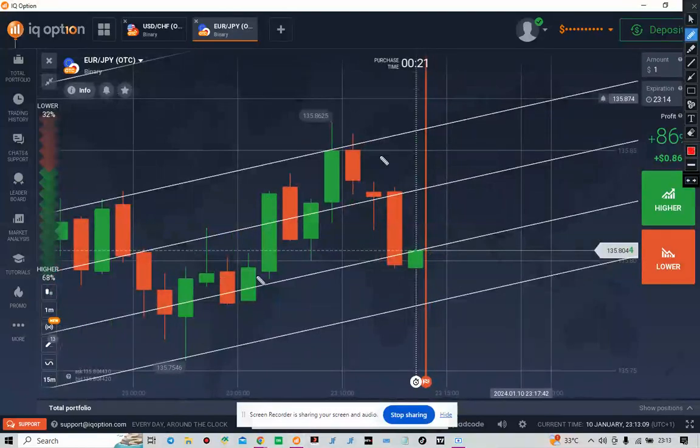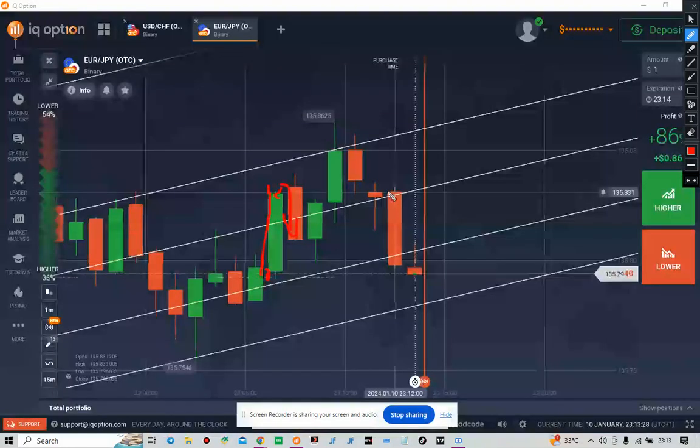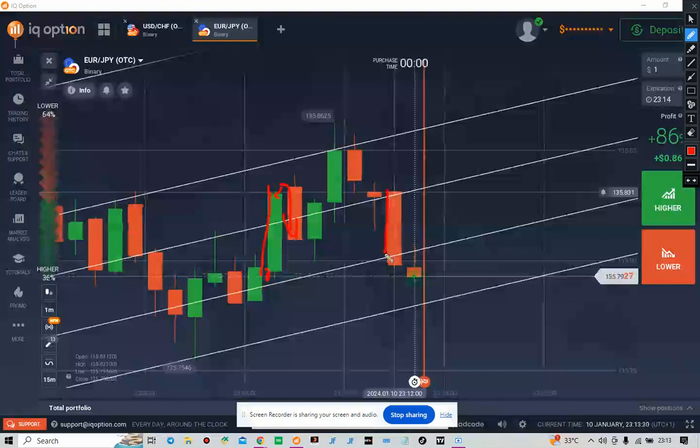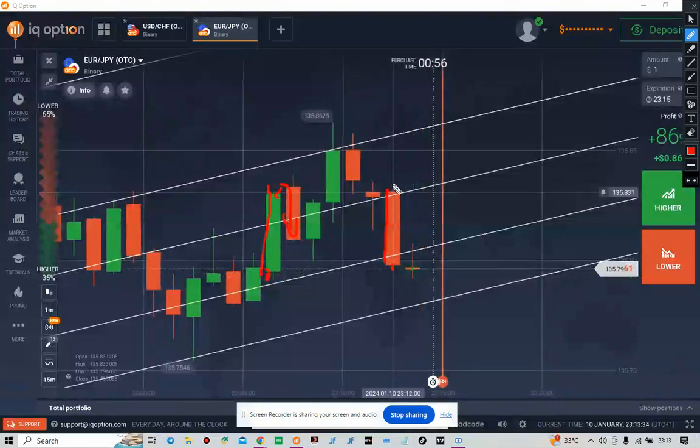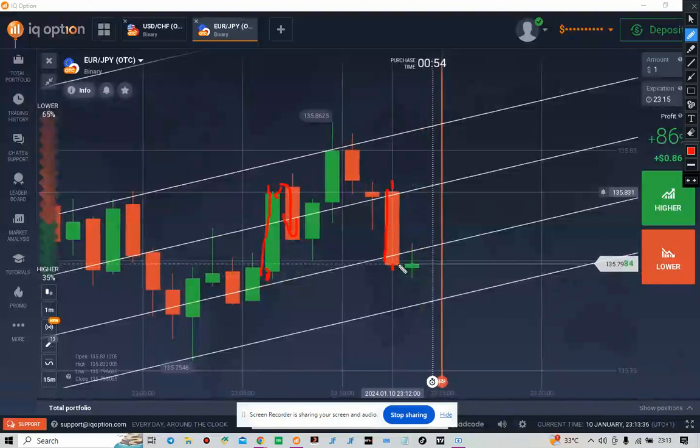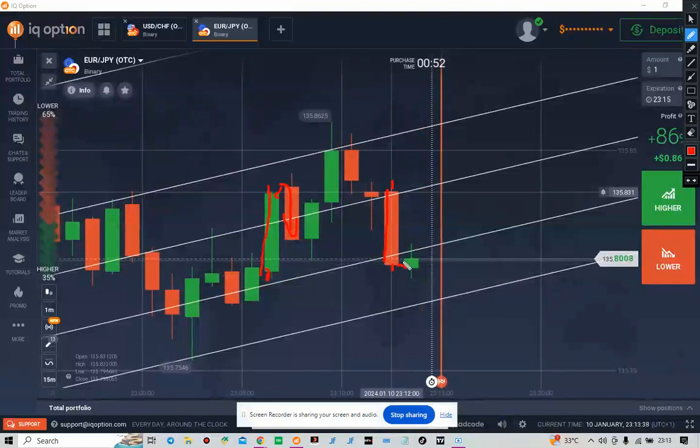When this candle closes inside this zone, we have a small lower rejection as well. The candle gaps up, not gaps down, gaps up. So sellers enter the market. Same thing here. The candle closes inside the zone, small lower rejection, small upper rejection. The candle gaps down, not gaps up.